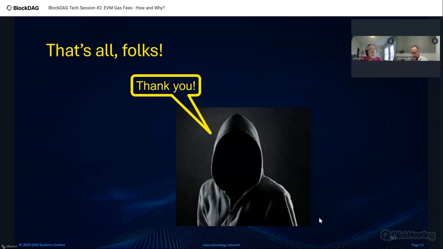Another question, what makes the BDAG gas fees lower compared to Ethereum? Just from my perspective, we've indicated the fees, but we haven't finalized them yet. I think right now the intention is that we will be less than Ethereum. Certainly, when we launch, there won't be a lot of pressure on the gas fees.